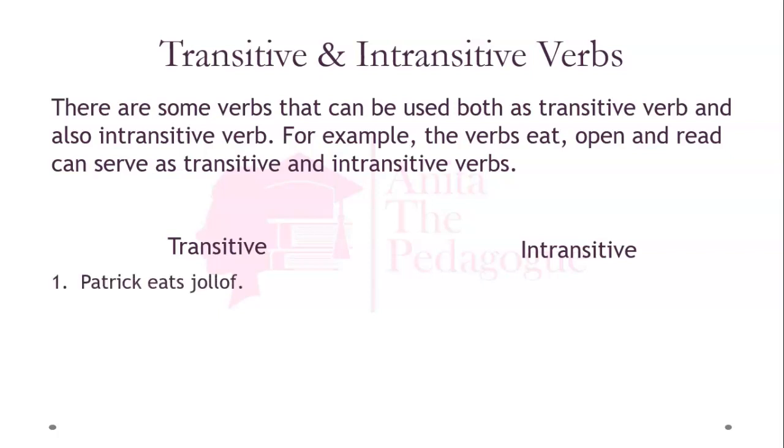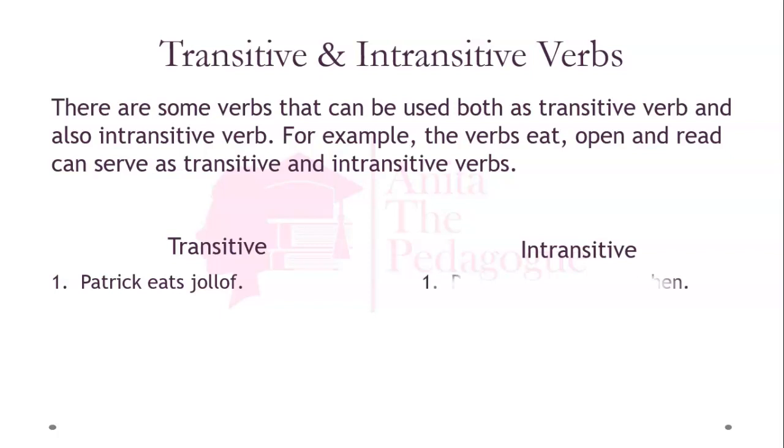Our first example: Patrick eats jollof. The verb here is eats. Eats is followed by a direct object, a noun, which is jollof. Jollof is a type of food. So here, it has been used as a transitive verb.